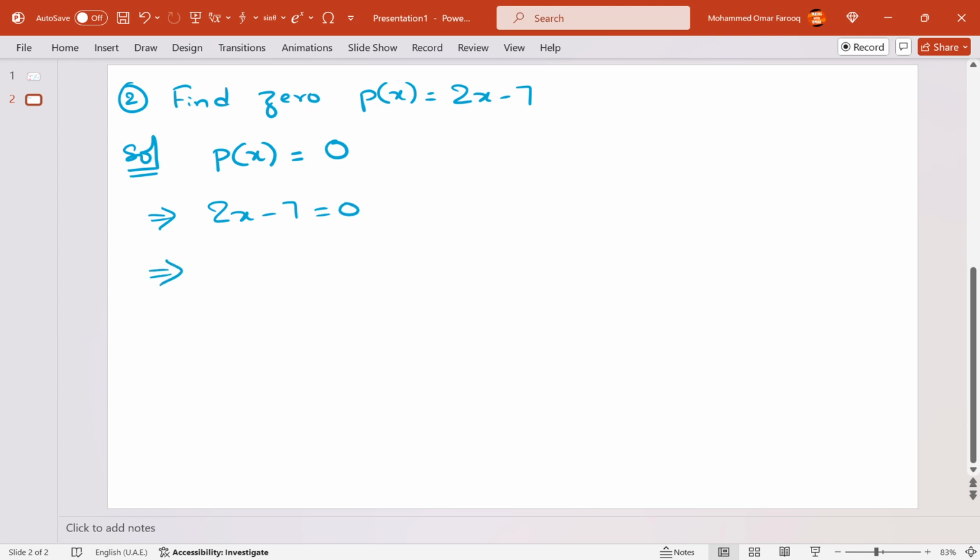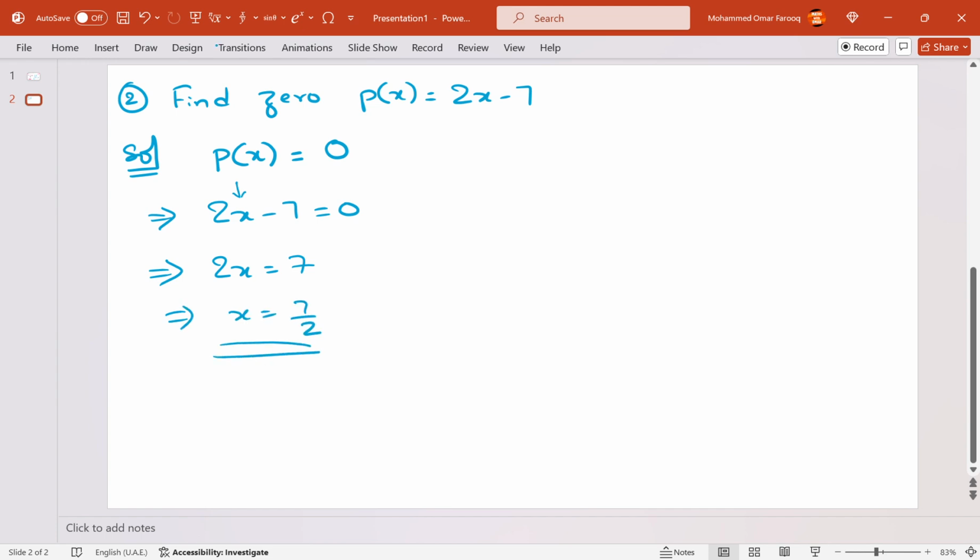And we already know how to find the value of the variable in a linear equation in one variable. We have studied it in grade 8. So transpose: 2x is equal to 7, which implies x is equal to 7 by 2.